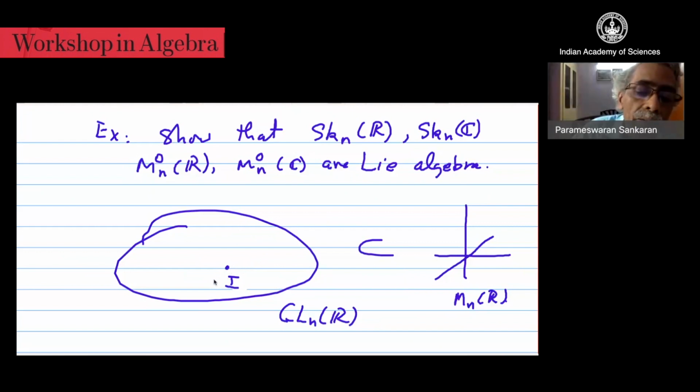A tangent vector is a velocity vector to a smooth curve which lies entirely in GLn(R). So I draw a smooth curve and then take the derivative at time t equals 0 when the curve passes through that point at time t equals 0. But if it is an open set, not necessarily GLn, any open set, I can take a straight line segment. It's supposed to pass through the origin. It's difficult to draw with this medium.